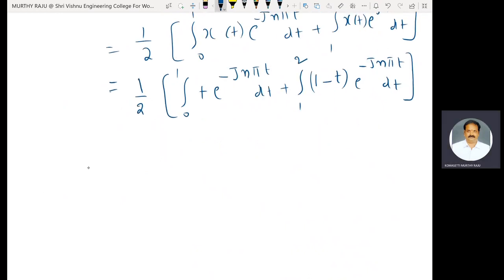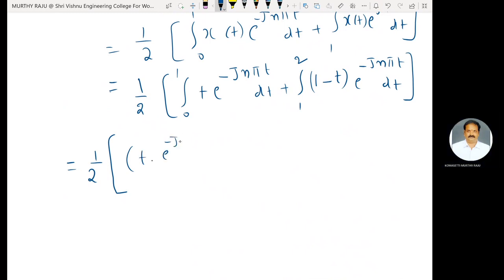Simplify this one. That is equal to 1 by 2, t times the integral of the second function e power minus j n pi t by minus j n pi, minus the derivative of the first function dt by dt, that is 1.